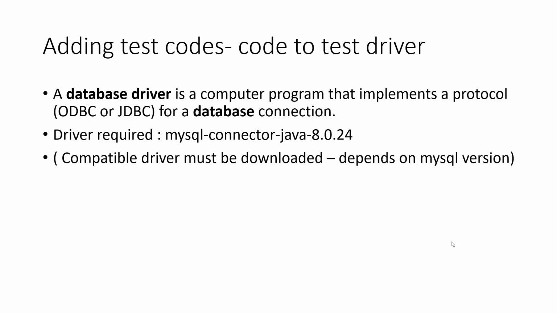There are four different types of drivers. Driver 1, which is also called ODBC, Java driver 2, that is partially written in C language, native language, and partially in Java language.